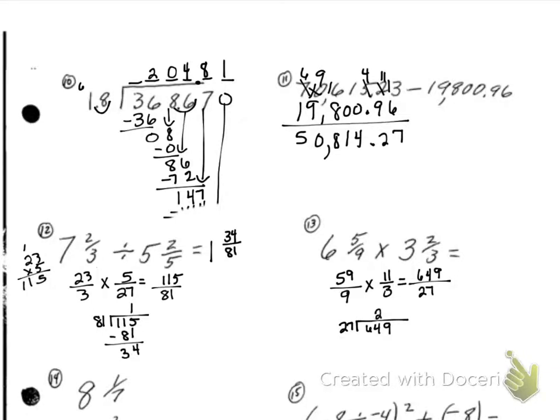This goes in 2 times, so 54. When I subtract, I get 10. Drop a 9, so that'll go in 4 times. Oops, that's 28. So we get 108. When I subtract, I get 1. So the answer is 24 and 1 over 27.